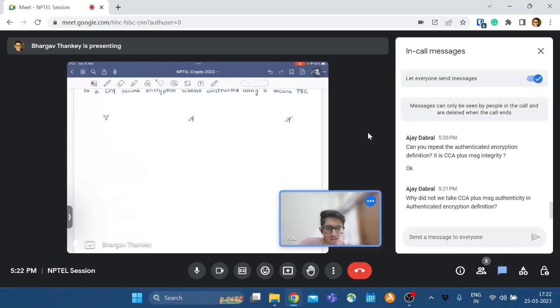Why did we not take CCA plus message authenticity in authenticated encryption? So what you're asking is why did we define the authenticated encryption scheme in a slightly different way? The way we have defined it, it is sort of this as well.